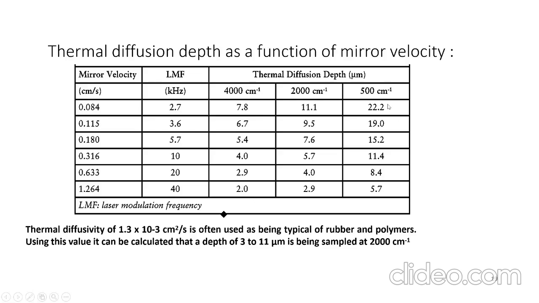However, when we decrease the wave number, the penetration will be higher. So, for the signals which are at the lower range of the IR spectrum, like suppose below 1000, it gives better penetration depth as compared to the ones which are in the higher wave number, that is around 4,000 centimeter.